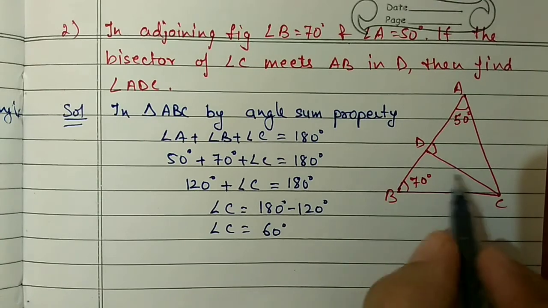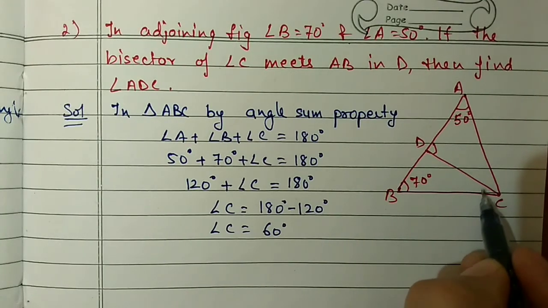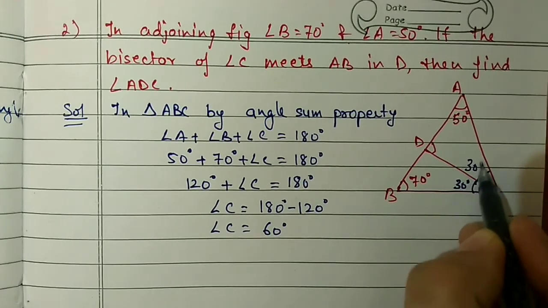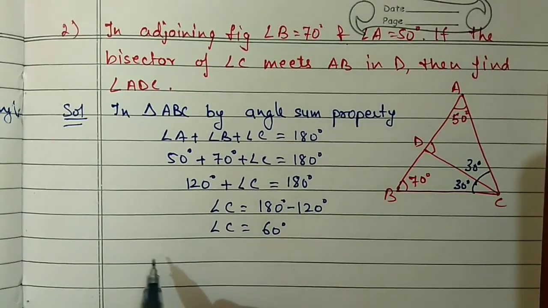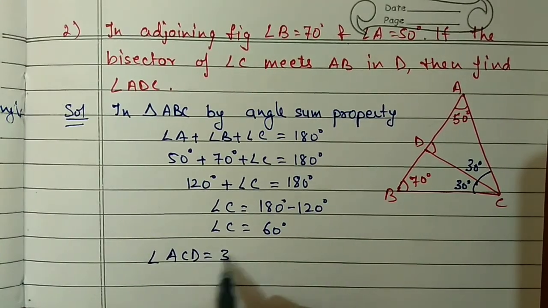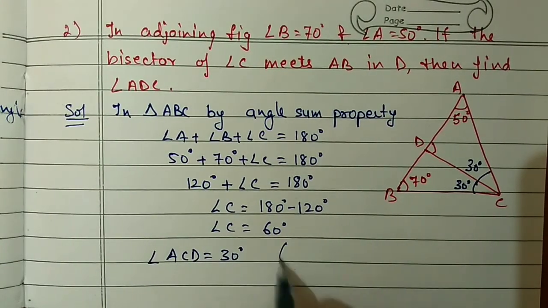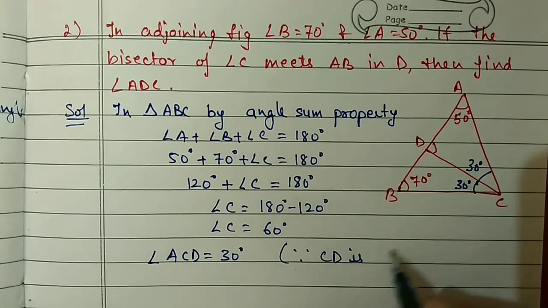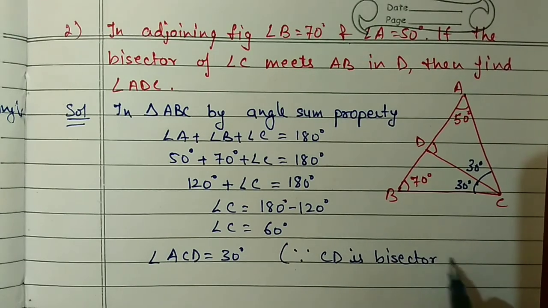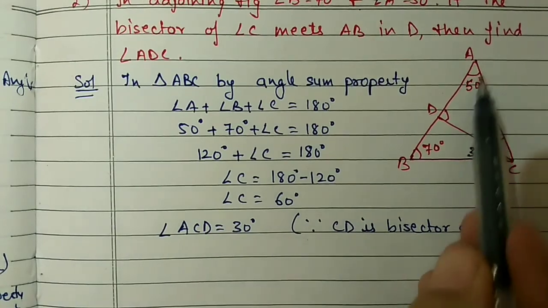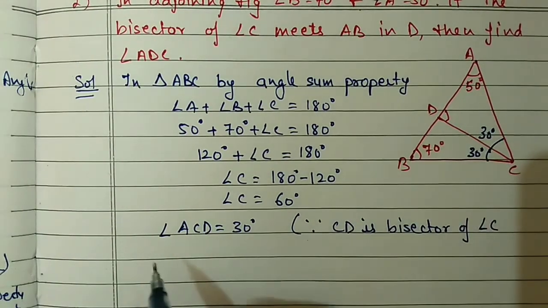And because this line is a bisector, this total is 60, so 30 will be here and 30 will be on that side. So angle ACD will be 30 degrees. You can write the reason: because CD is the bisector of angle C. Now in this triangle you can use the angle sum property.